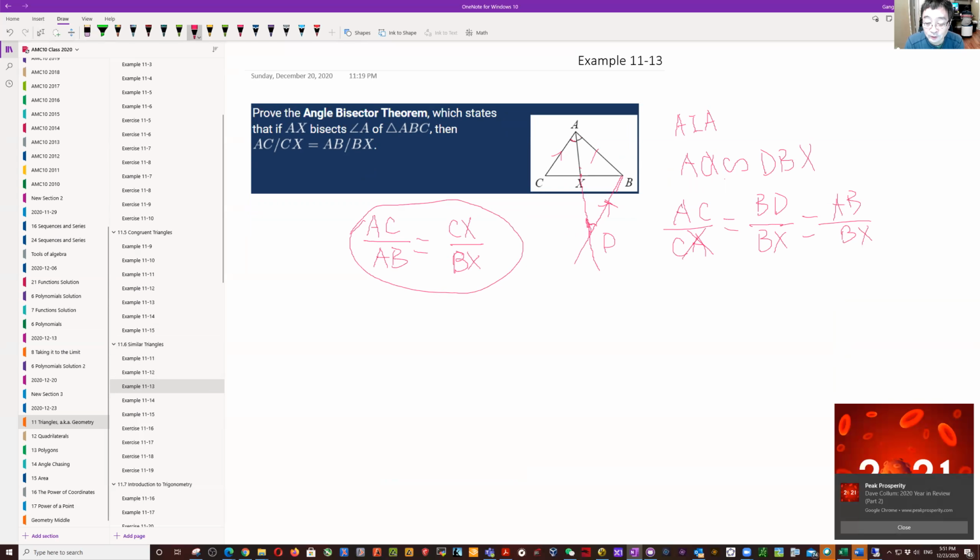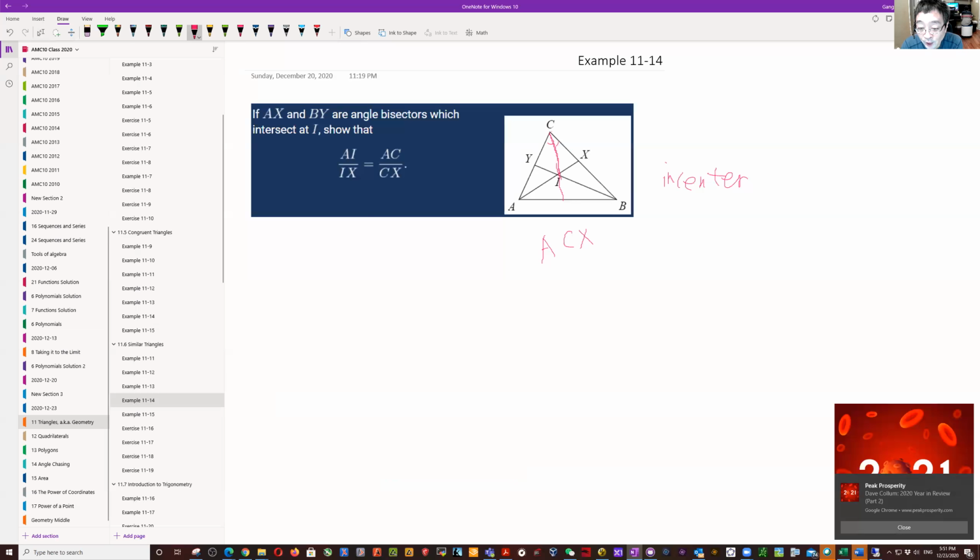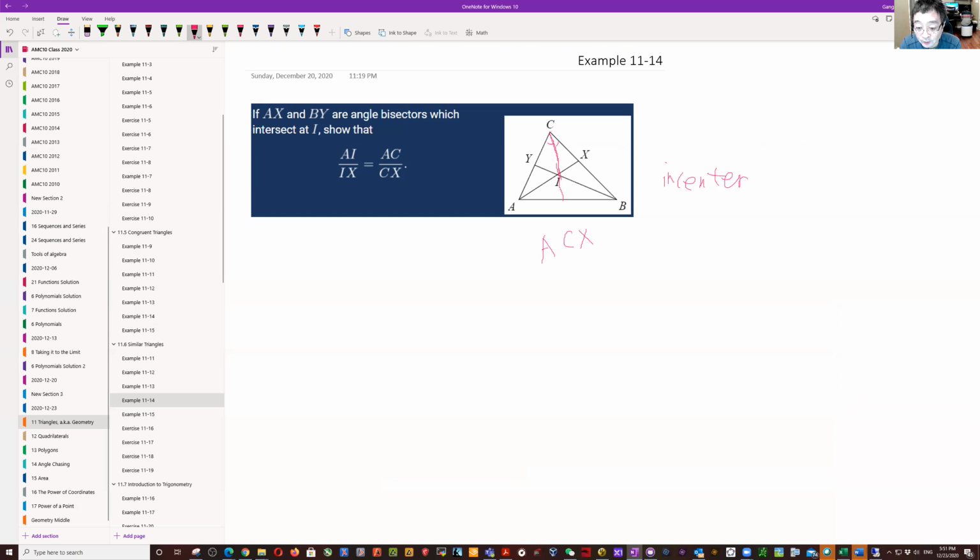Another way is that the ratio between the sides is equal to the corresponding ratio between the opposite cuts. So here, after I add an extra line, AI to IX, for this triangle, is the opposite cut. The ratio of the opposite cuts is equal to the ratio of the sides. So I prove it directly by just adding a line.